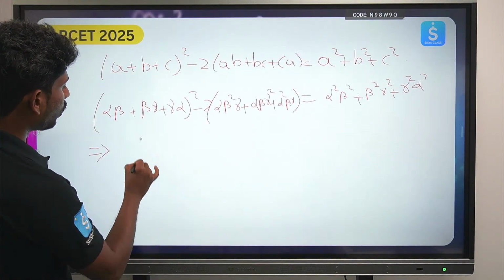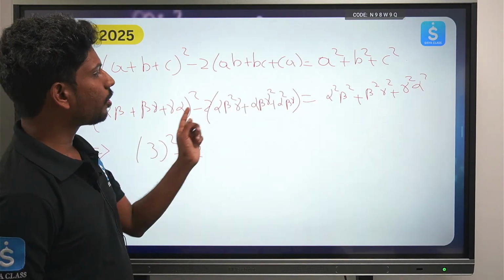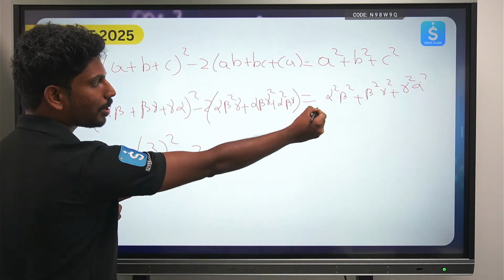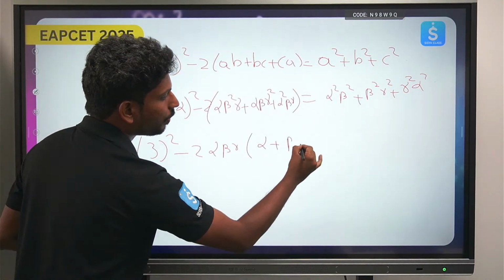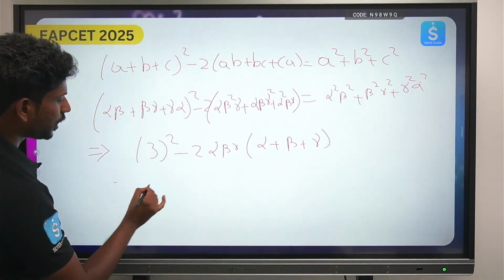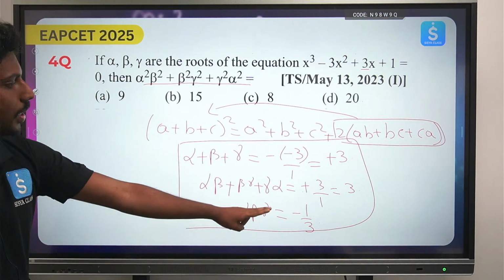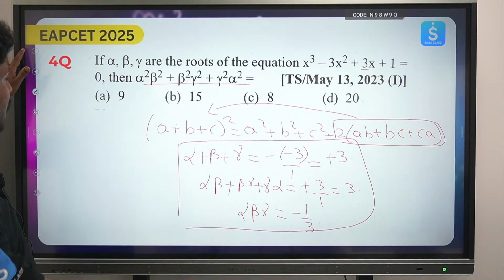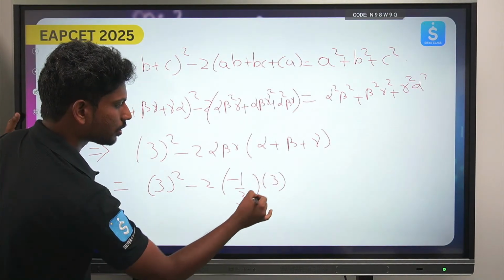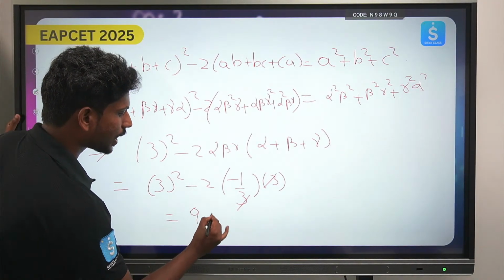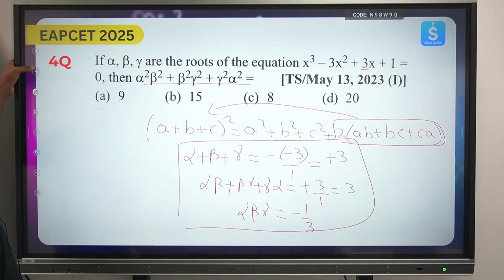So I got this whole value as 3 square minus 2 times of, what can I pull out? Can I take alpha beta gamma common? If I take alpha beta gamma common, I am left with the residue alpha plus beta plus gamma. From here, this is 3 square minus 2 times of, what is alpha beta gamma? That is minus 1 by 3, and that is 3. So what happens here? Minus 1 by 3 into 3, so 3 gets cancelled. 9 minus 9 plus 2, 11. 9 plus 2, which is 11.